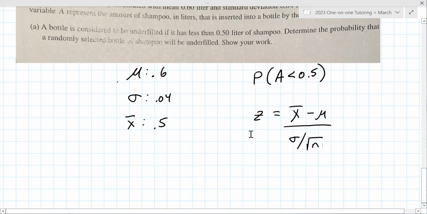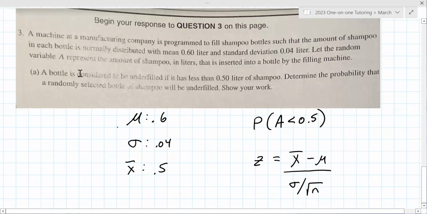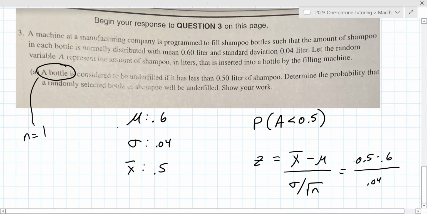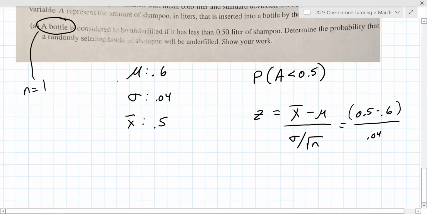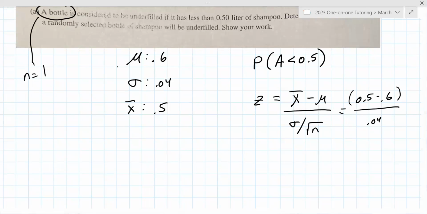This is the general form. Because it's a bottle, that means that n is 1. So for you, it's 0.5 minus 0.6 over 0.04. If you could calculate that for us, please.